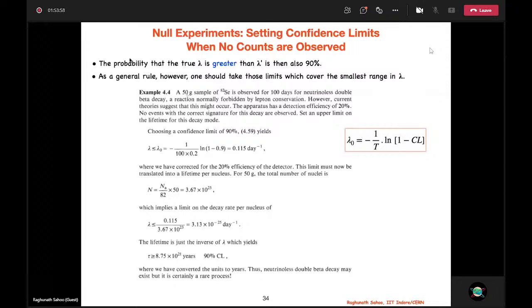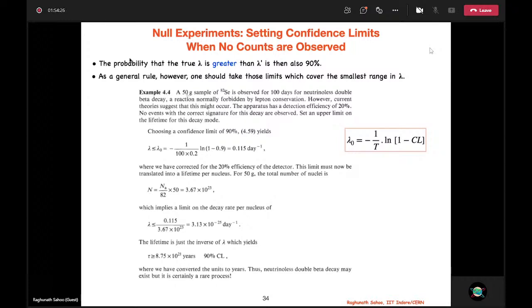So any lifetime of 10 to the power 21 years is almost a rare process, and I could find this out from my null experiment. So the neutrinoless beta decay may occur, but with the time period and the sample I have taken, at 90% confidence limit I put up a lifetime, and I found that if the lifetime is so big, it is certainly a rare process.